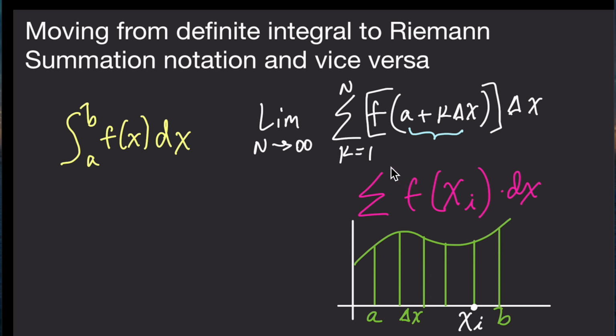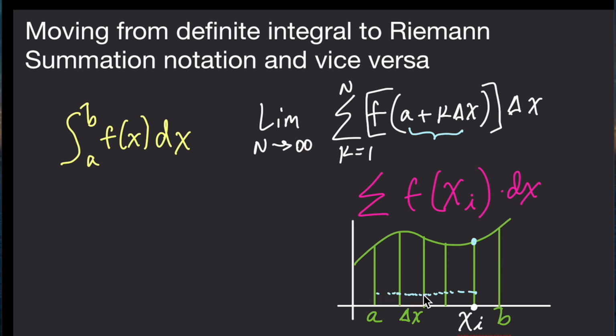Whenever you're dealing with this topic, i and k are used interchangeably. So this could easily be x sub k instead of x sub i. The x sub i refers to which x value you are plugging in to f of x to get that y value.